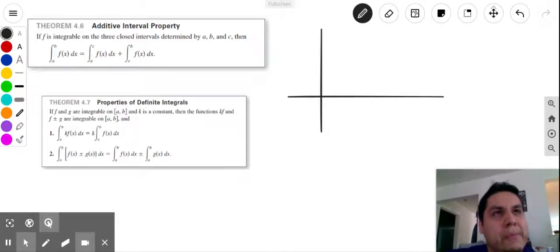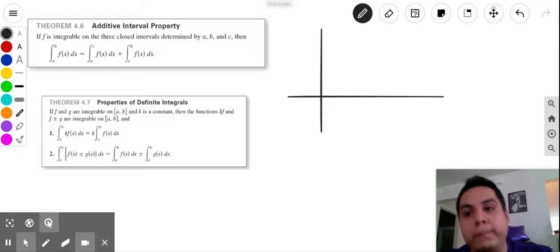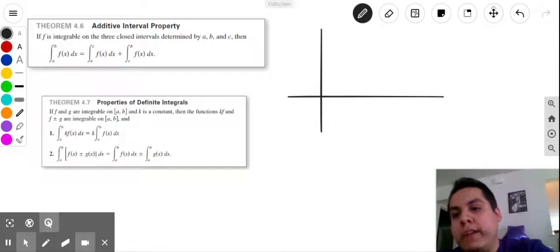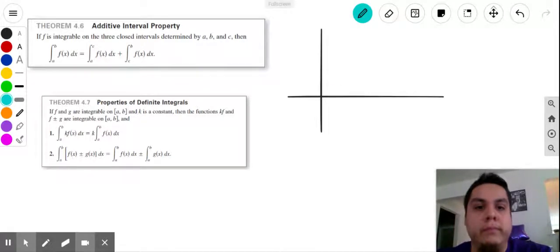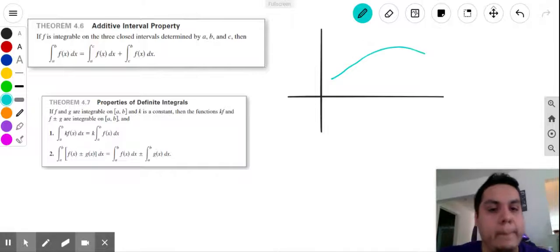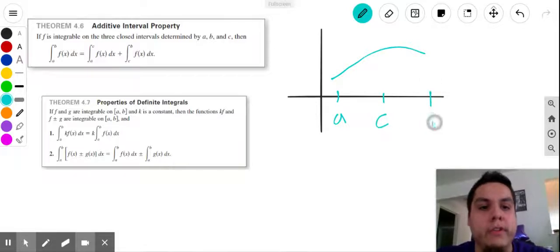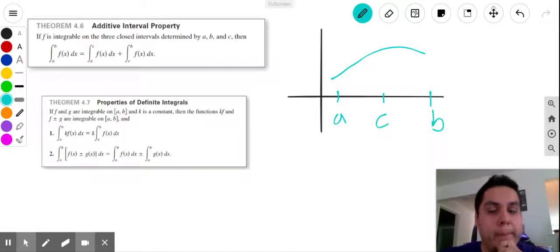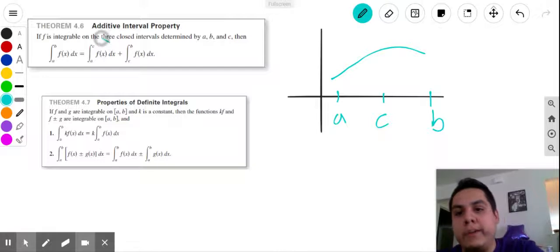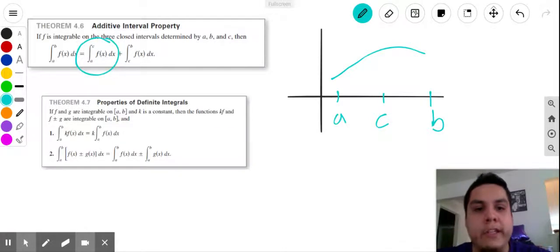So let's talk about why that makes sense. And as always, let's go to a visual. So if we have a function like that, let's say we have a, c is in the middle, and then b is over here at the end, right? If I talk about the integral from a to c, if this is f of x, of course, I'm talking about the area here.